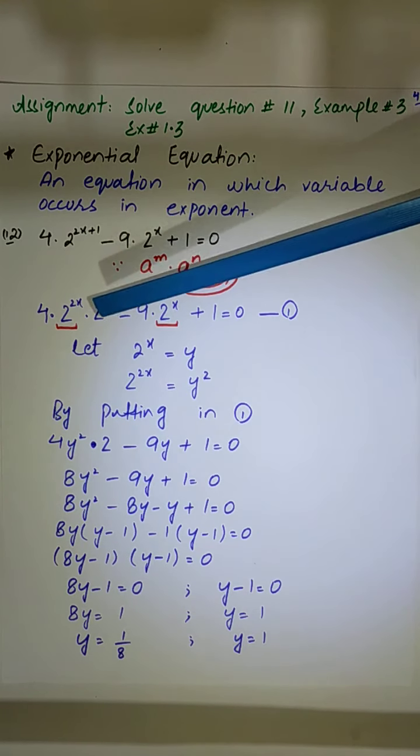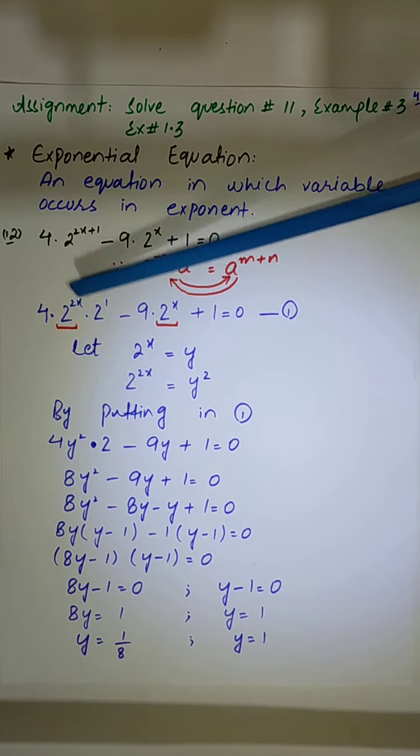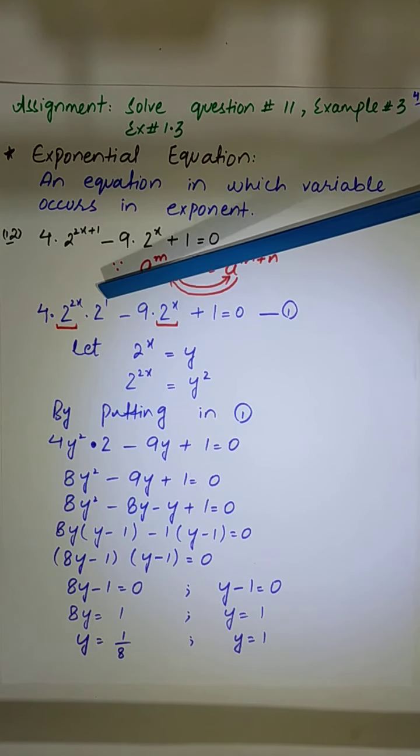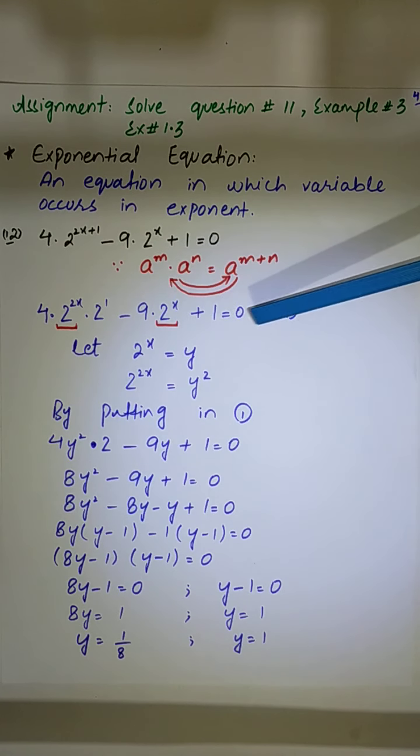So the next step becomes 4 into 2 raised to power 2x into 2 raised to power 1, minus 9 into 2 raised to power x plus 1, is equal to 0. That is equation number 1. Now we will see which variable and bases are the same.